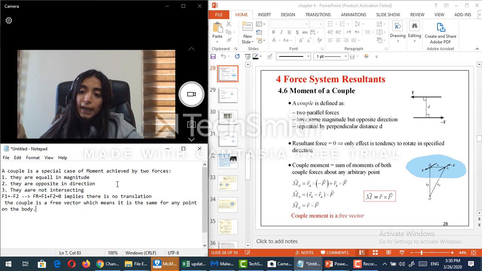Remember, in this chapter, when we talked about moment, we should specify if this moment is around a point of rotation, and I should specify this point, or this moment is around an axis, and I should specify this axis. In our case, I will not specify any point because any point on this body will have the same couple, and we will prove this later on.